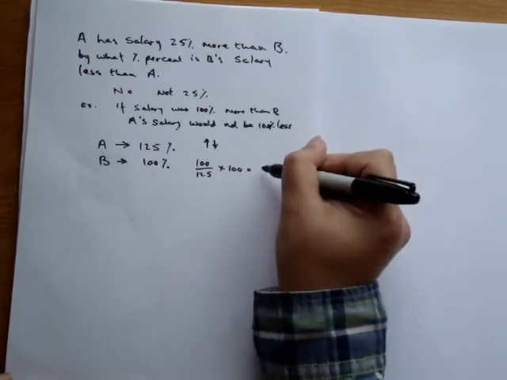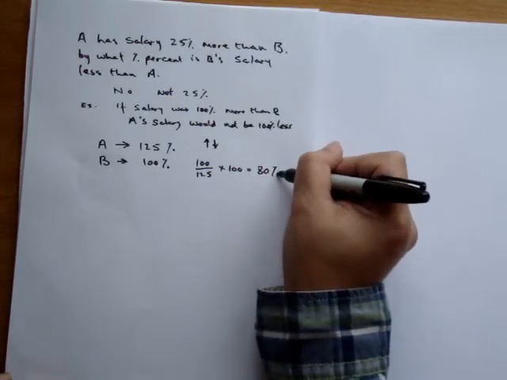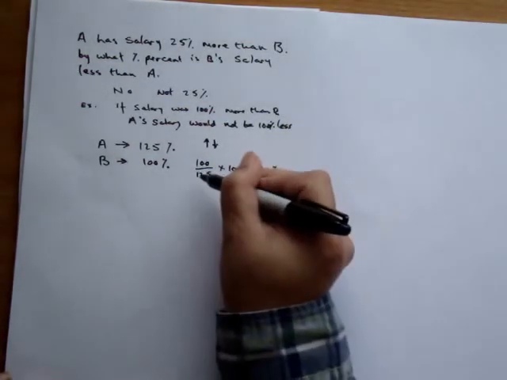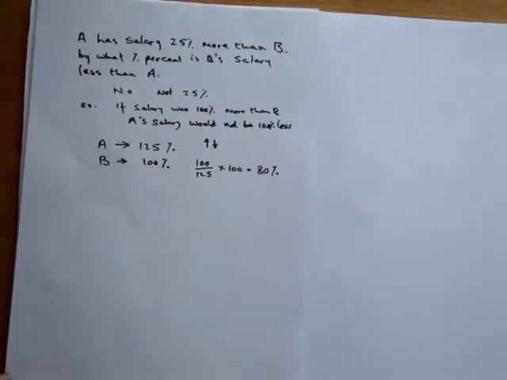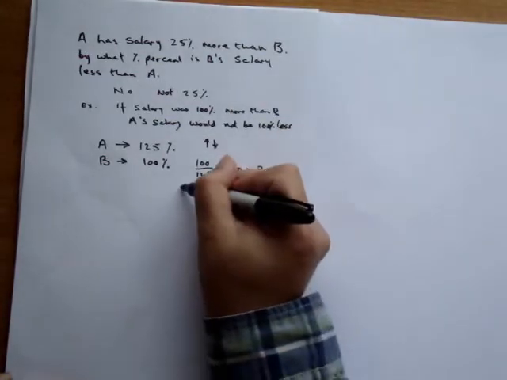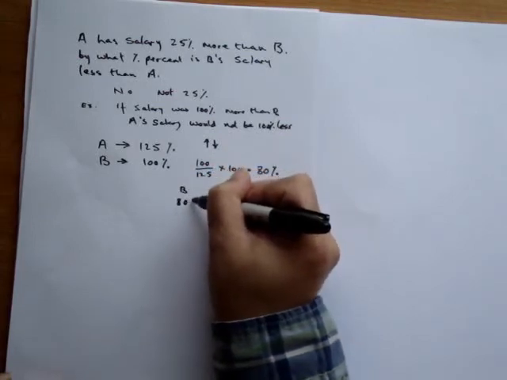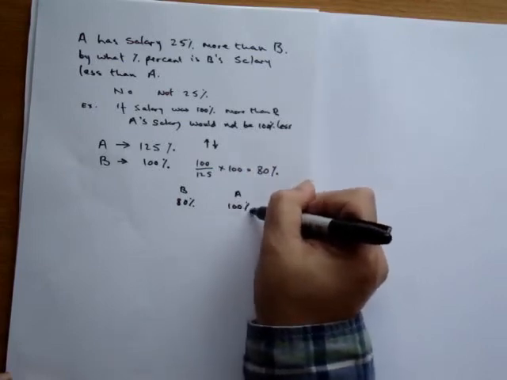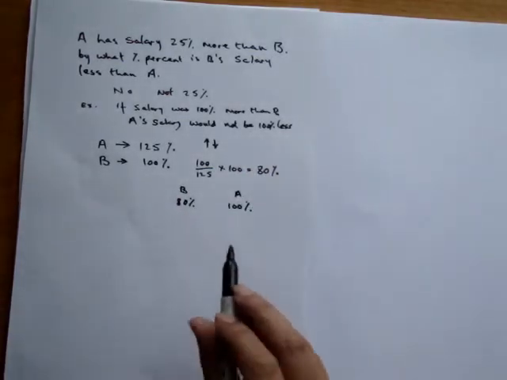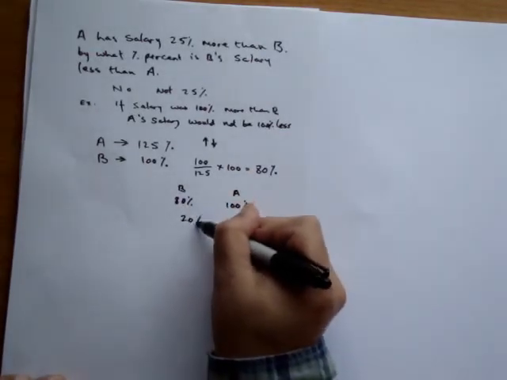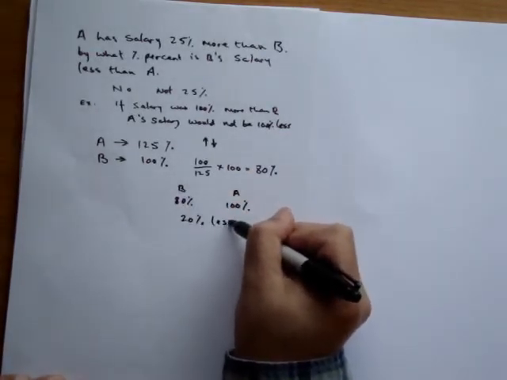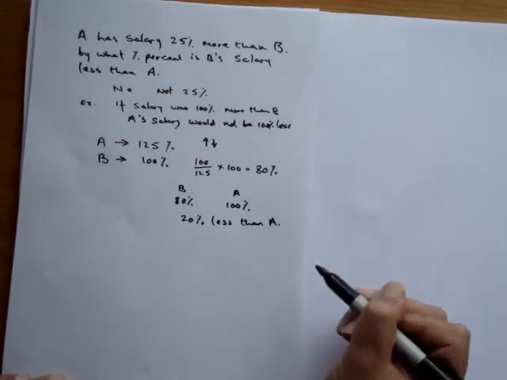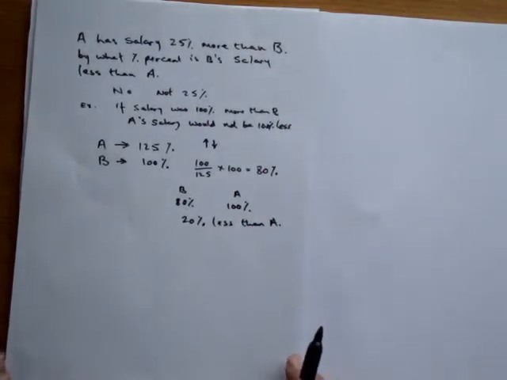And this gives us 80%. So B has 80% and A has 100%. So B's salary is 20% less than A. Okay? And that's your answer.